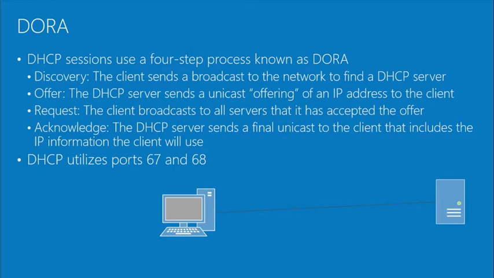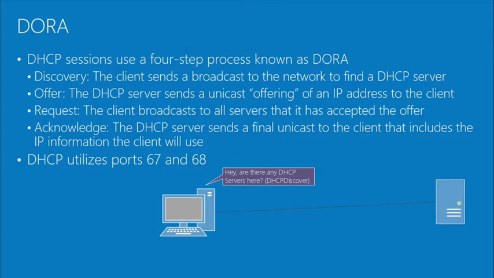The first thing that happens is it basically says, "Hey, are there any DHCP servers out there that can hand me an address?" That's the DHCP Discover packet that gets sent out, and it's a broadcast. So it goes out to every computer on the network within what's called the broadcast boundary.